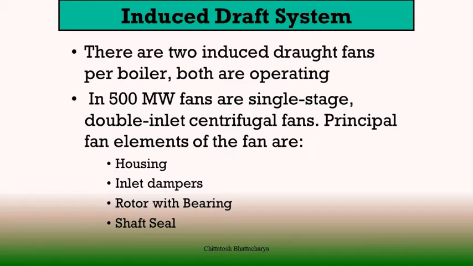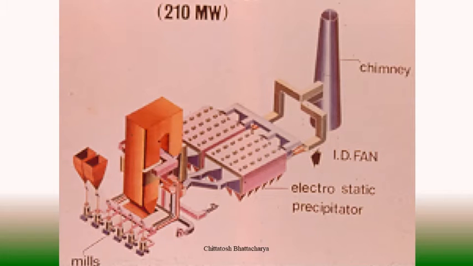They are the largest capacity fans in the boiler, and they are running at very slow speed so that their vibration problem can be minimized. They have the housing, inlet guide vanes or dampers, and impeller with bearing support and shaft seals, and most of the ID fans were supplied with hydraulic coupling so that we can control the RPM of the fan, and we can regulate the induced draft and how much quantity has to be evacuated.